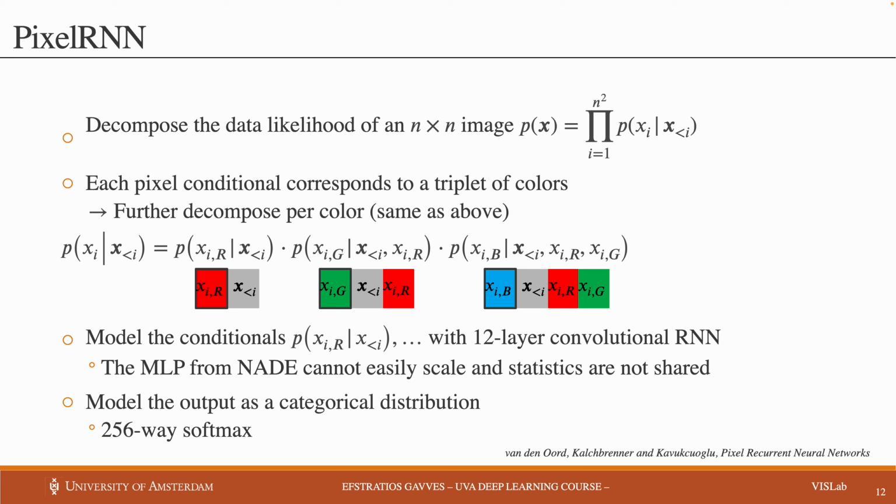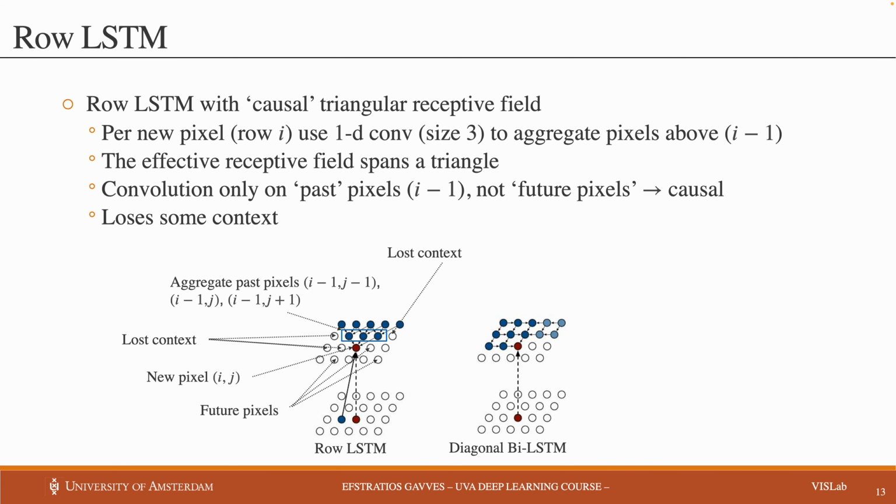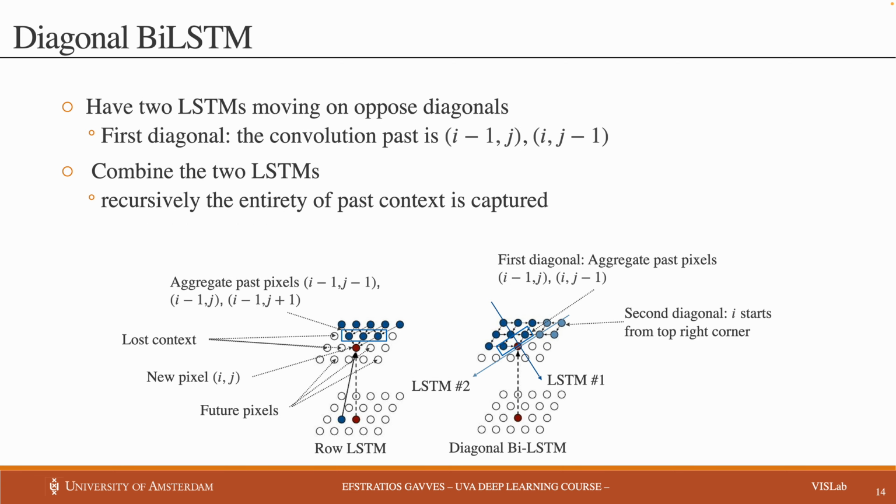However, convolutions conflict with the autoregressive nature of the model. So how can we get convolutions that still capture context without violating the autoregressive nature of the model? Well, by the diagonal BiLSTM and row LSTM.